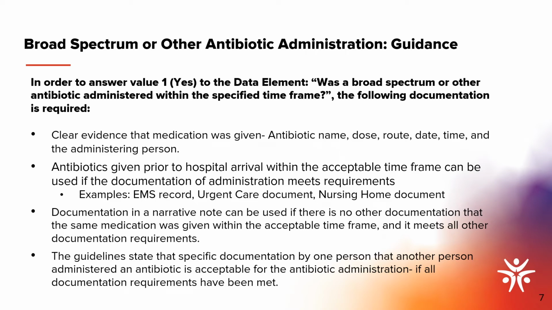Examples of other acceptable notations are, for antibiotics given prior to arrival, the documentation must meet these same guidelines, but it is acceptable as long as the antibiotic was given within the specified time frame. It's also okay for one provider, an RN, MD, PA, etc., to document that another provider administered an IV antibiotic as long as the notation meets those same guidelines.